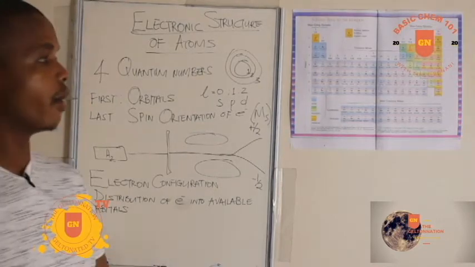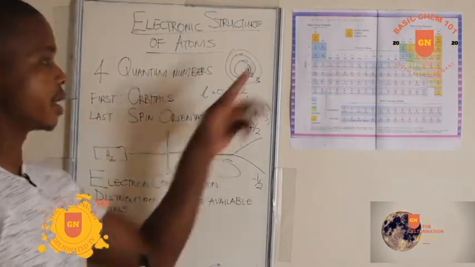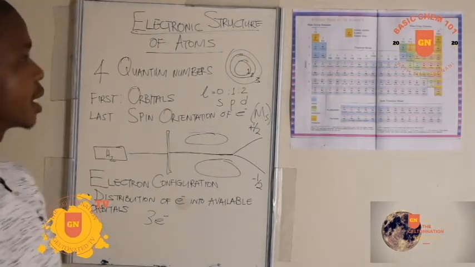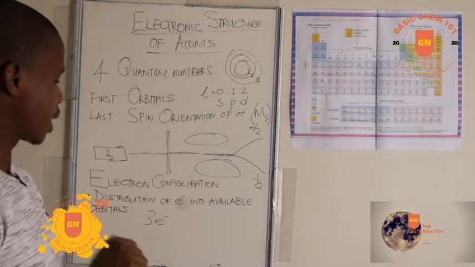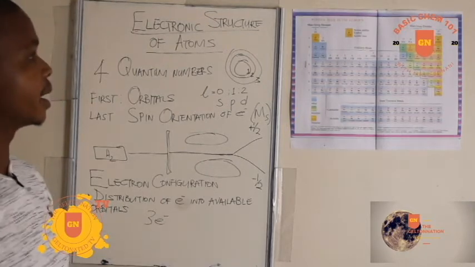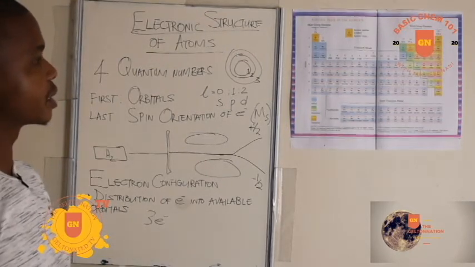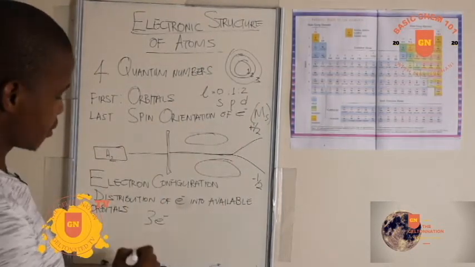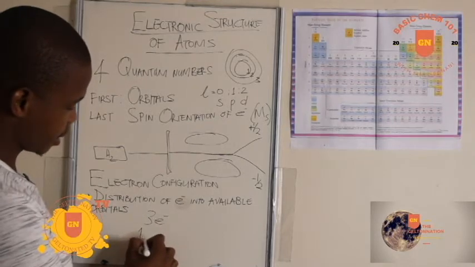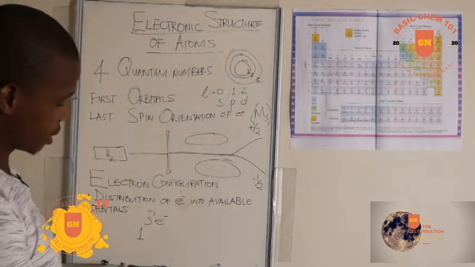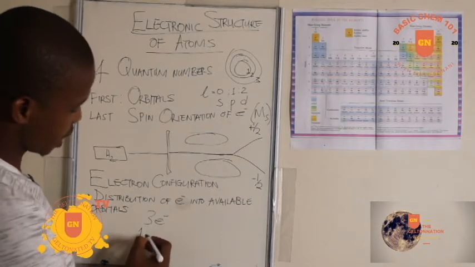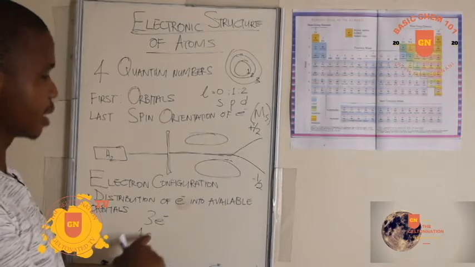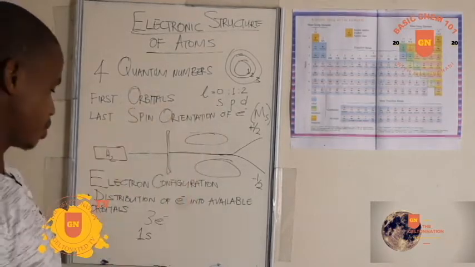So let's say your element is lithium, and lithium has 3 electrons. If you're talking about the electron configuration of lithium, when n is equal to 1, you have 1s, which is the first shell, and in the first shell you only have the s orbital, because when n is equal to 1, you only have l equal to 0, right?